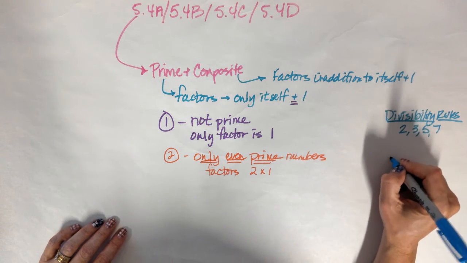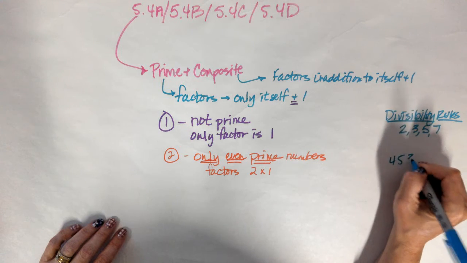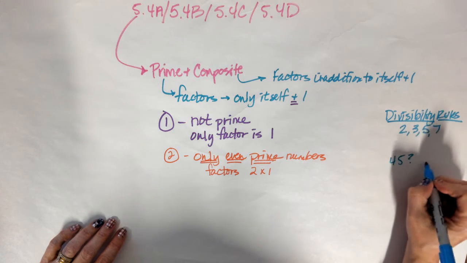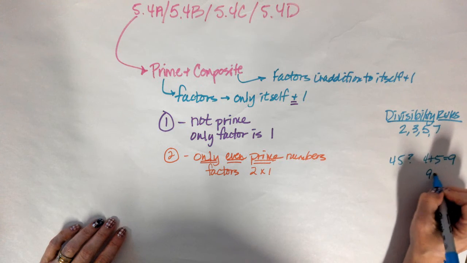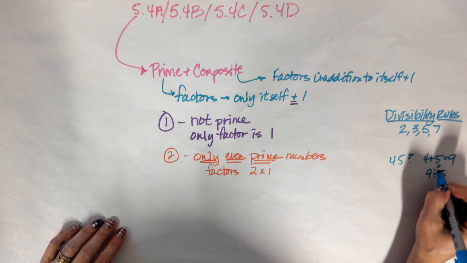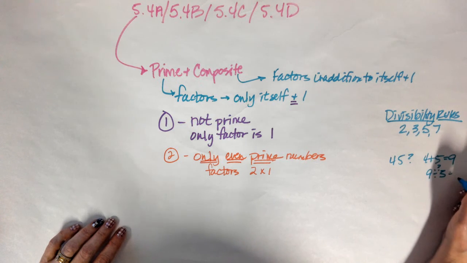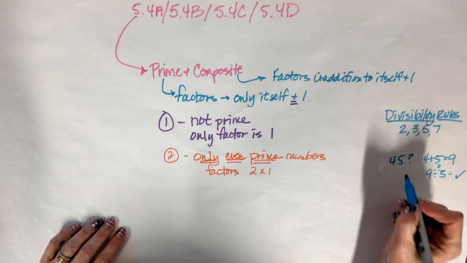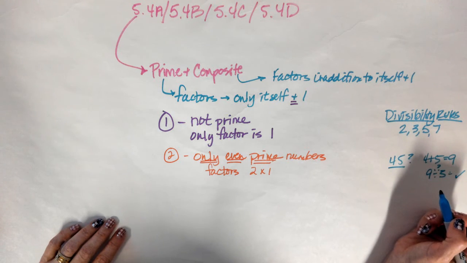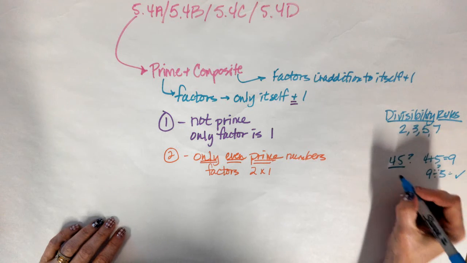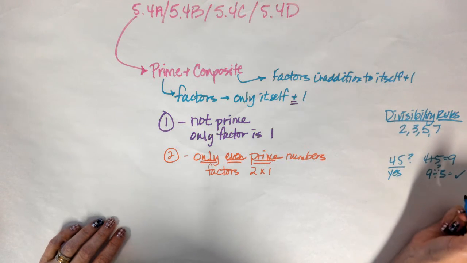If I wanted to know if 45 was divisible by 3, I would say 4 plus 5 is 9. Is 9 divisible by 3? If the answer is yes, which we know it is, then 45 is also divisible by 3. And we know 45 divided by 3 is 15. So yes, it's divisible by 3.